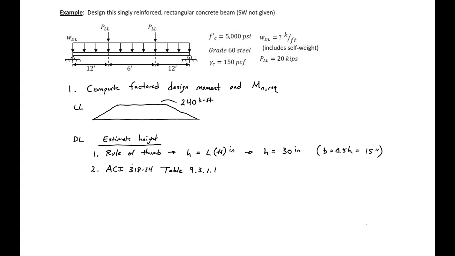The other way that we can estimate our height is using ACI 318-14 and the minimum thickness requirements, which are there for serviceability purposes. So the minimum thickness requirements in ACI tell us that our height needs to be greater than or equal to L over 16 for a simply supported beam with a normal loading.